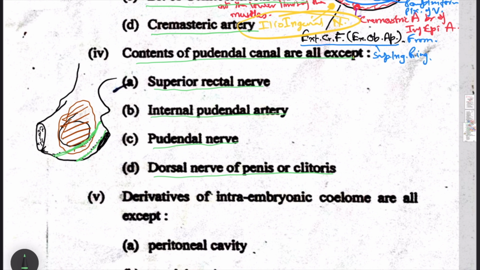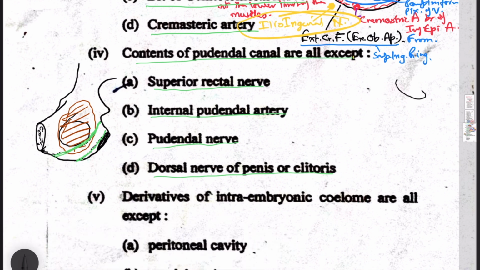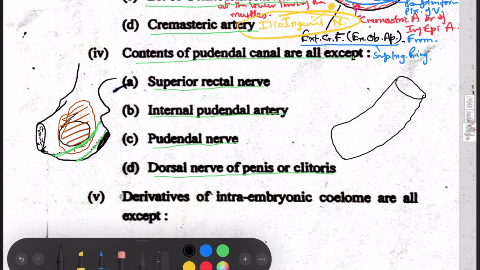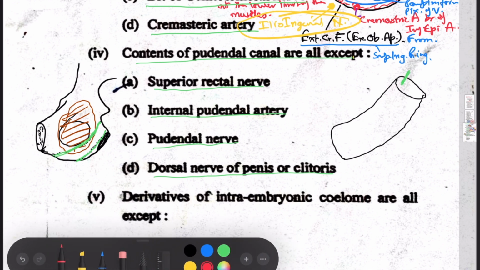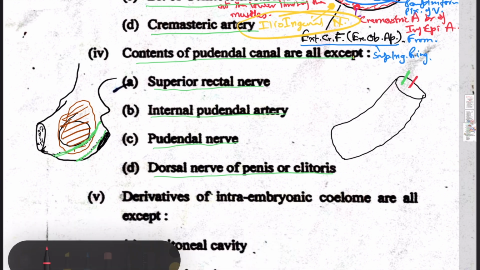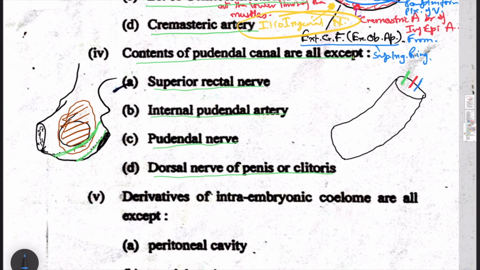So this canal I'm going to draw here to explain the contents. The formula you can remember is NAV: nerve, artery, vein. Same thing will be here, vein, right?